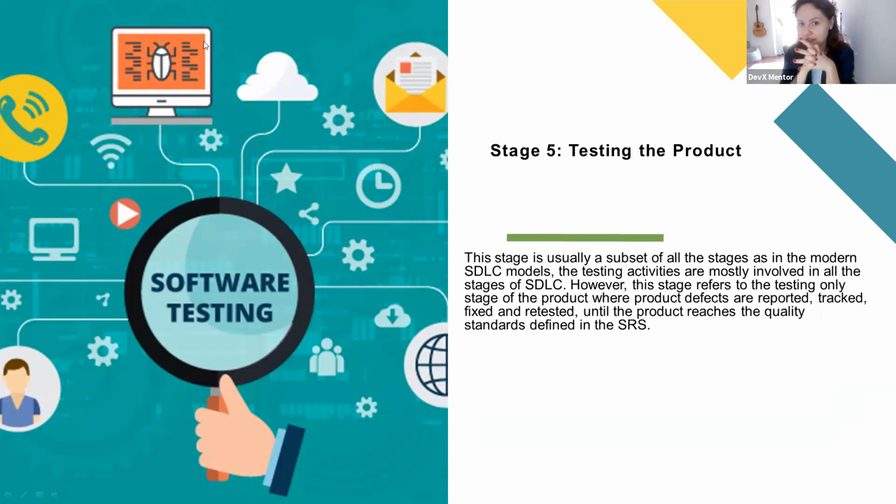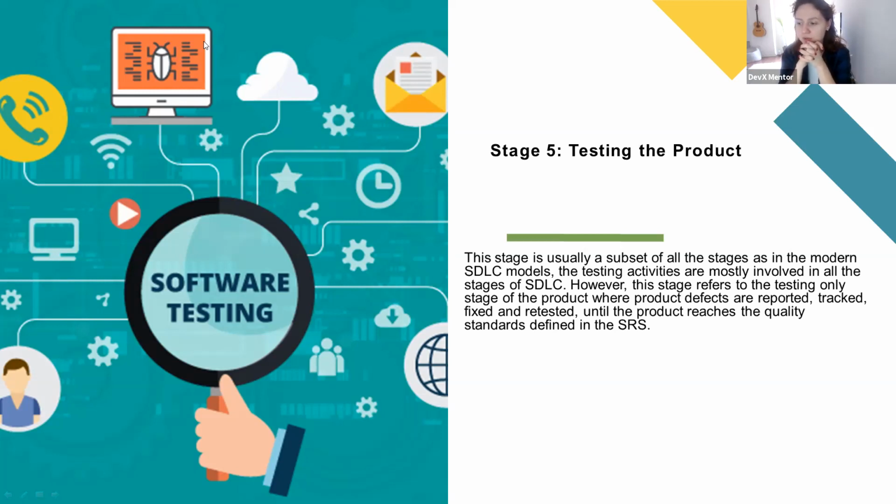Testing the product. That is like our job. This stage is usually a subset of all stages, as in the modern SDLC models. The testing activities are mostly involved in all the stages of SDLC as of today.